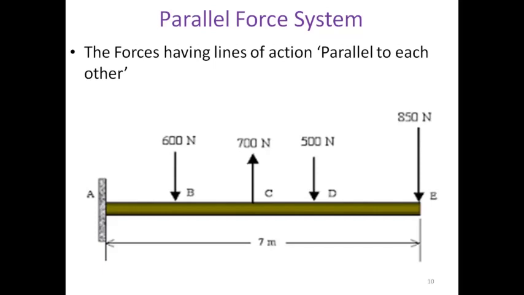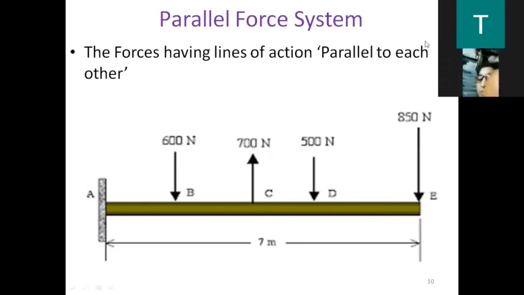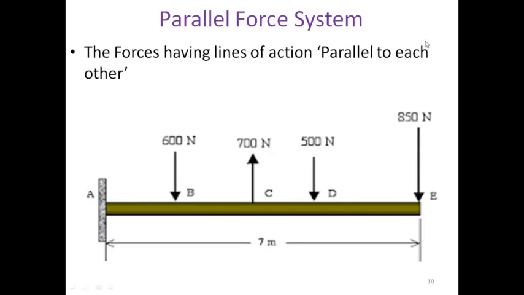But when we focus on the line of action, म्हणजे काय? फोर्स ची डिरेक्शन कुठले ते फक्त बघायचं. 600 न्यूटन इज इन वर्टिकल डिरेक्शन, 700 अगेन इन वर्टिकल डिरेक्शन, अप आहे डाऊन आहे ते बघायचं नाही, डिरेक्शन त्याची बघायची. So 600 vertical, 700 vertical, 500 vertical and 850 is also acting in the vertical direction, right?